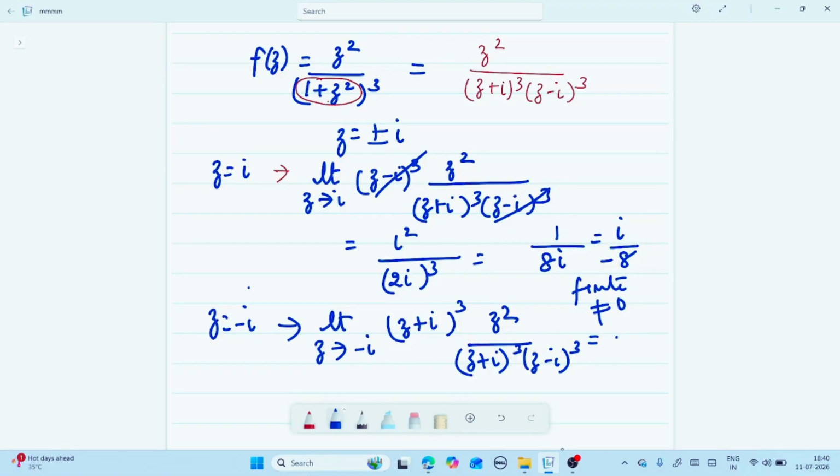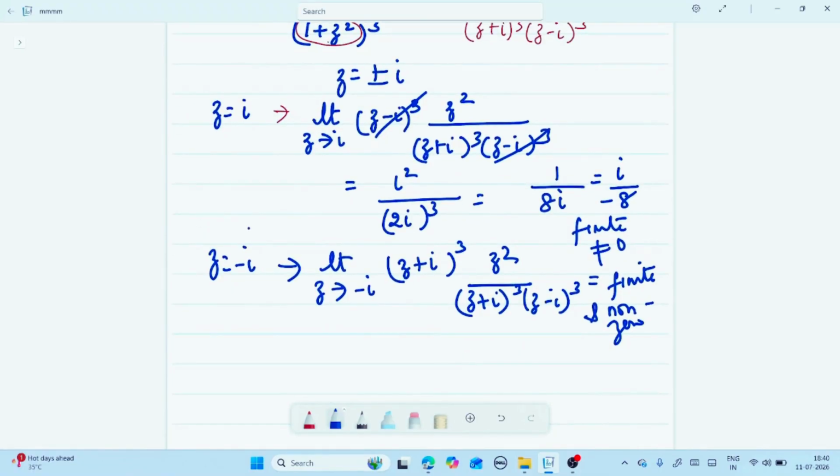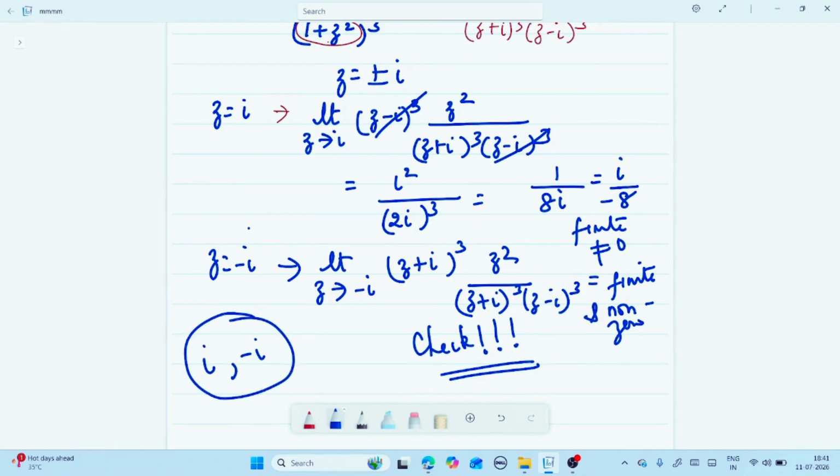Of course here also it is finite and non-zero. Okay. Check this out. Find the limits. It is true. So I want you to check. Here I can see that I and minus I both are poles of order 3.